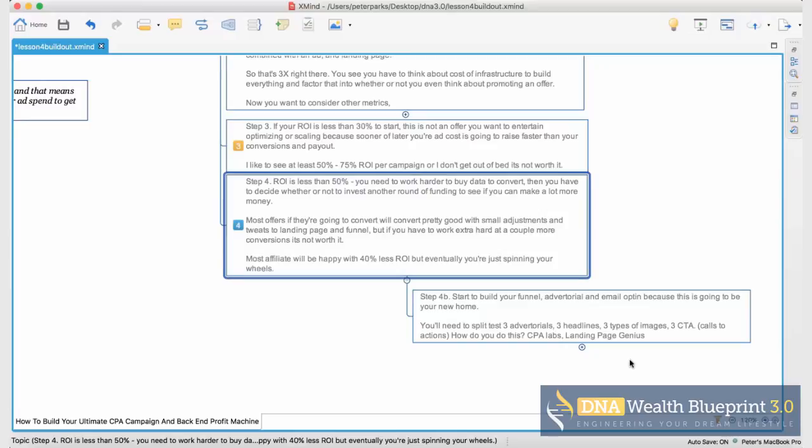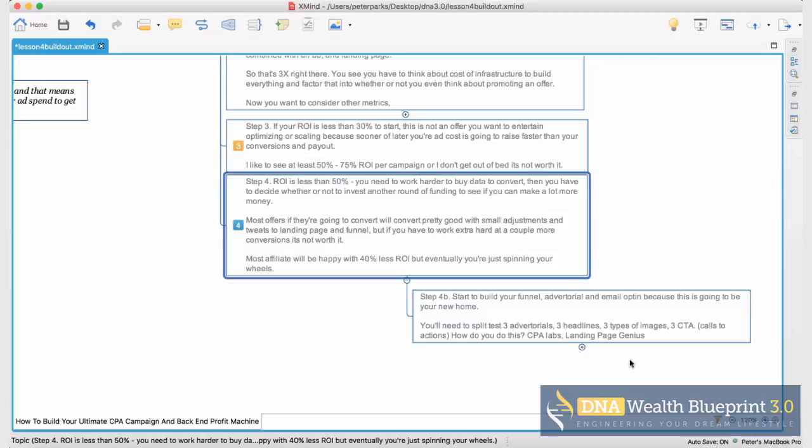Now, when it comes to testing, you're going to need to split test 3 advertorials. With those 3 advertorials, you're going to need to split test 3 headlines, 3 types of images, 3 types of calls to action. Now, if you're wondering how you need to do this, well, I use CPV Labs. You can use, I guess you can use Volume.